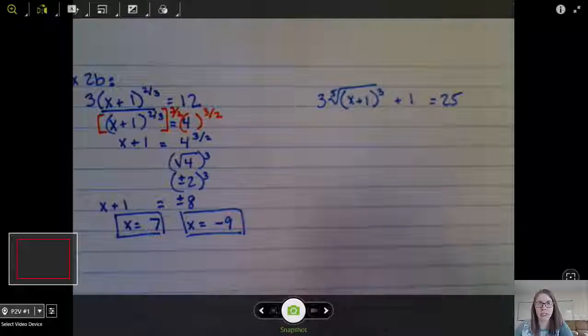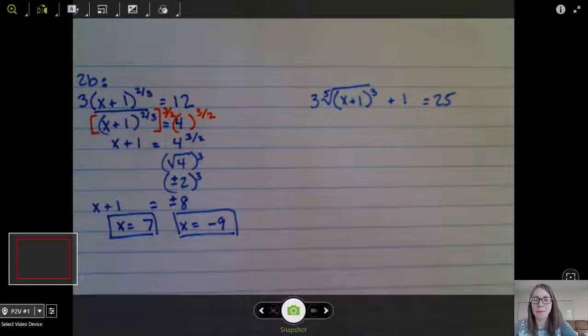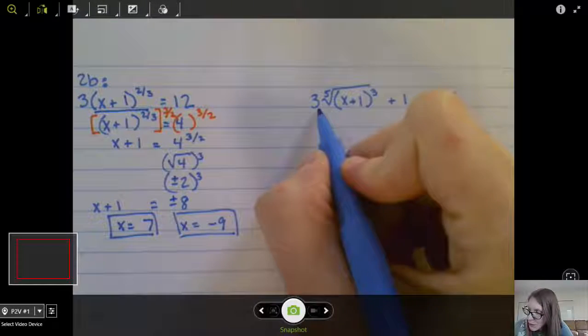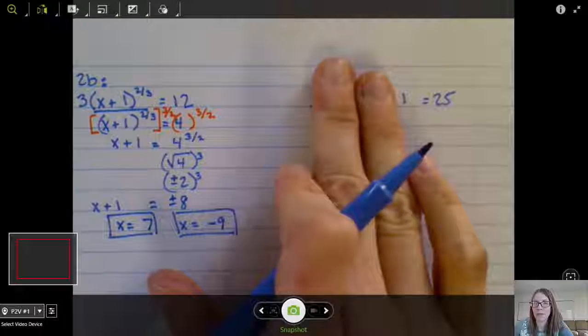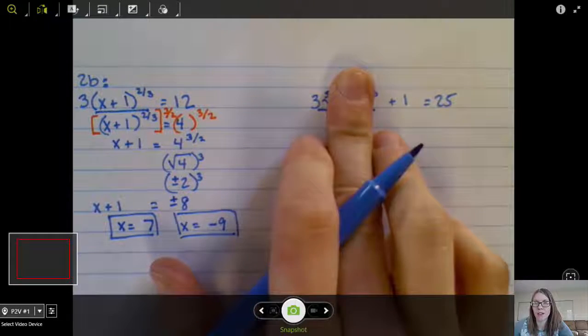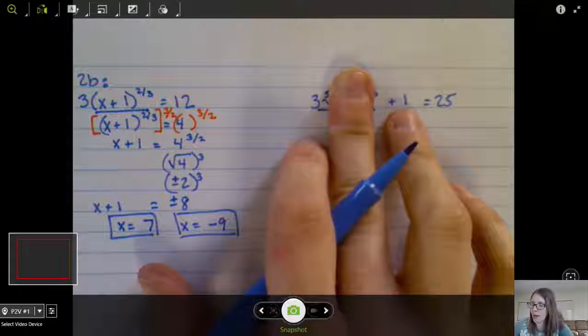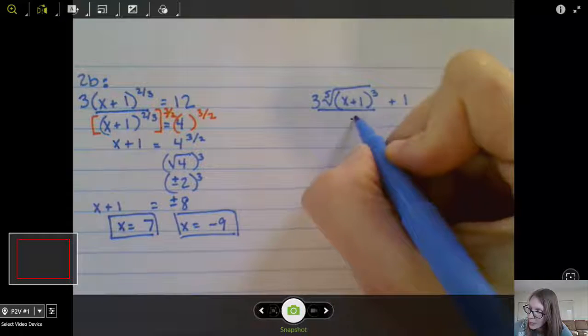But our next one over here, 3 times the 5th root of (x+1) cubed, plus 1 equals 25. Let's start off getting this radical part by itself. First thing I'd have to do is get rid of this 1. Subtract 1 from each side.